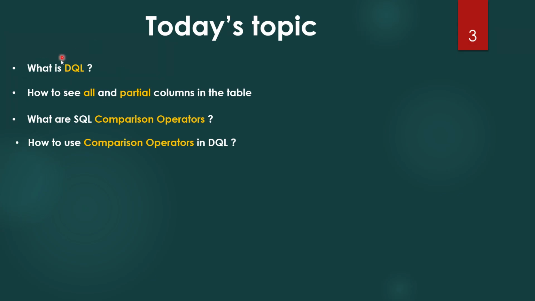If you understand what DQL is, it's very simple, so you will learn it here in a few minutes. How to see full and partial columns, then you learn about the comparison operators. Then we're going to be using those comparison operators in DQL.